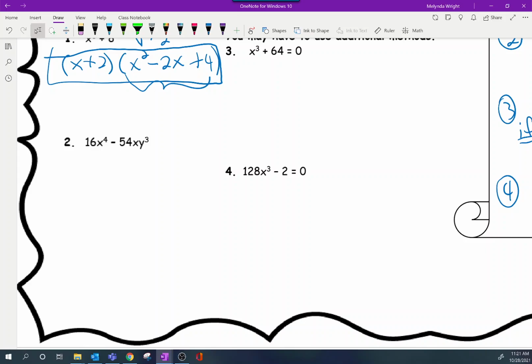So we're going to divide 2 out of 16 and get 8. We're going to divide x out of x to the fourth and get x cubed. With the second term, we're going to divide 54 by 2 and get 27, and divide x by x, and that leaves us just with a multiplier of 1, which we don't need to write down.